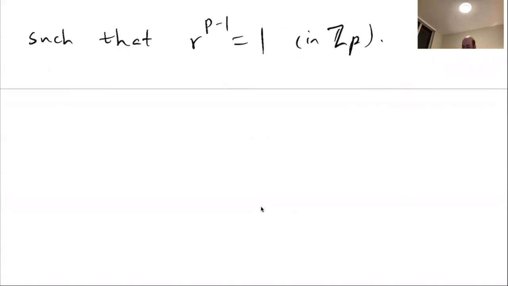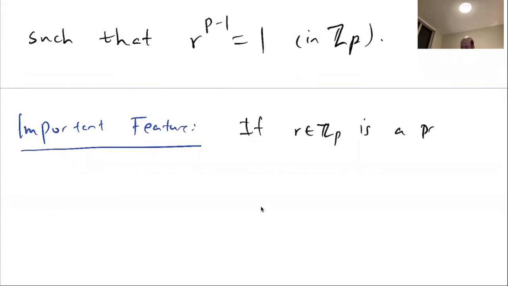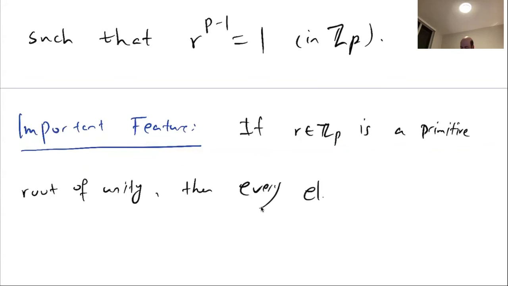So the important feature is, if r in ZP is a primitive root of unity, then every element of ZP except 0 is a power of r.